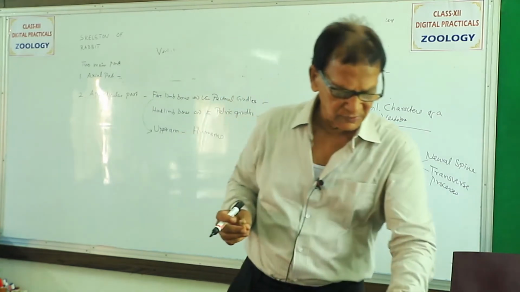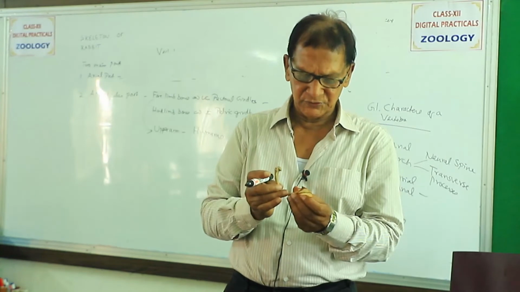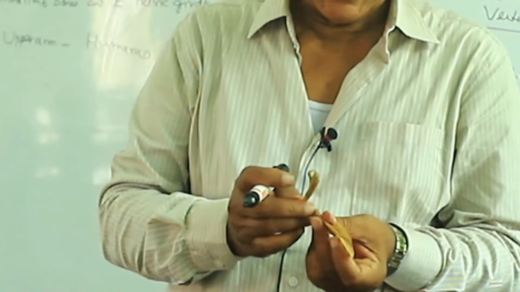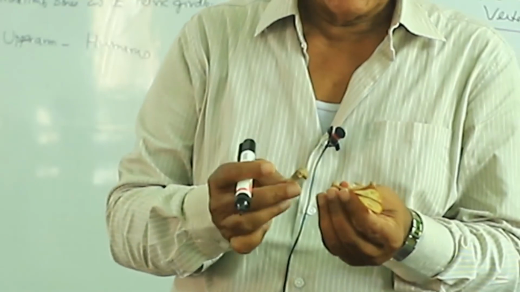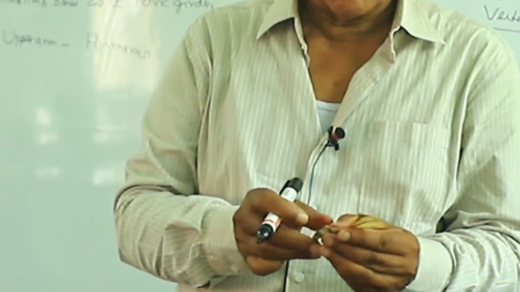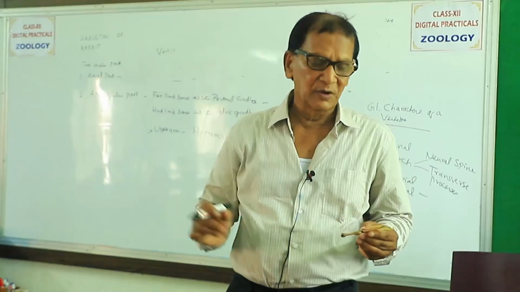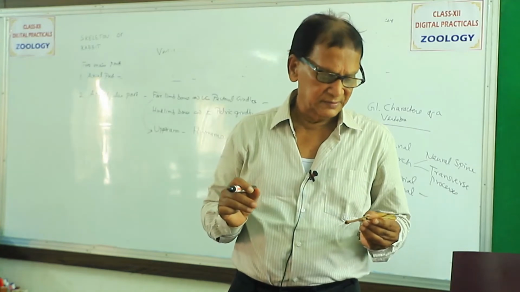The pectoral girdle of rabbit has on its lower side a cavity called the glenoid cavity, with which the head is articulated, forming almost a ball and socket joint. A ball and socket joint almost provides movement in any direction.